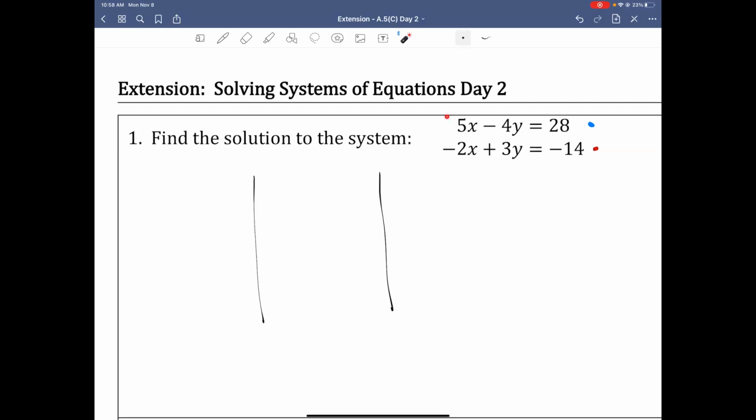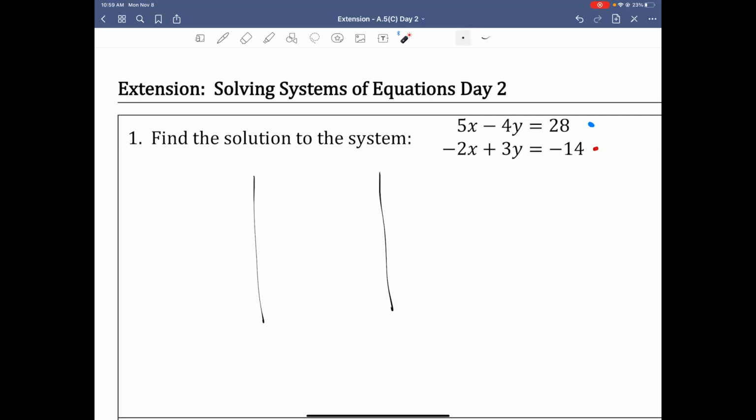And so if we look at the x's, 5 and negative 2, we need to find a number that those two numbers could meet up at and be opposite coefficients, meaning that they're the same number but opposite signs. If you think about 5 and negative 2, the first number that they would be able to meet up at would be a 10, because think about the multiples of 5.